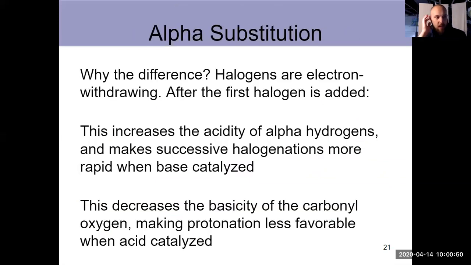Those halogens are electronegative, right? So they're electron withdrawing. They're pulling electron density away. So after we've done the reaction one time, it increases the acidity of our alpha hydrogens. So if we're base promoted, it's going to make them even easier to pull off. But they're also decreasing the basicity of the carbonyl oxygen, which is making that protonation step less favorable.